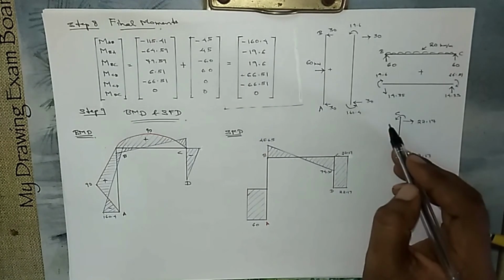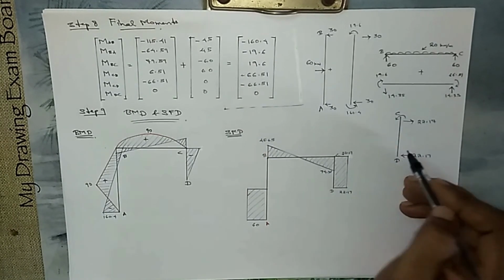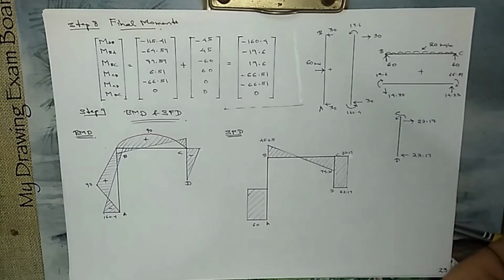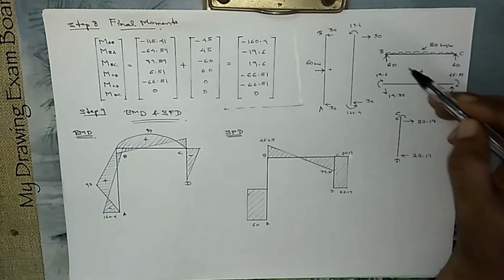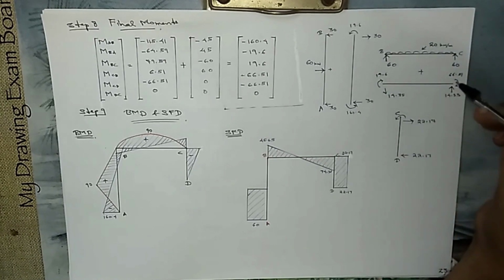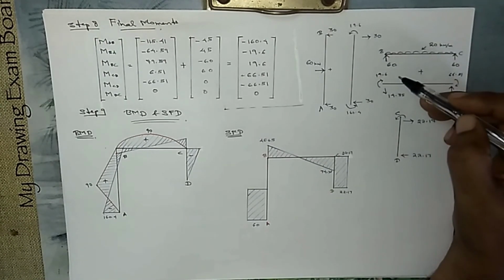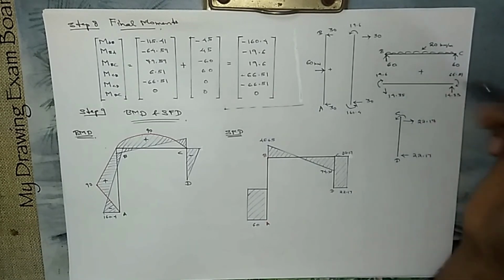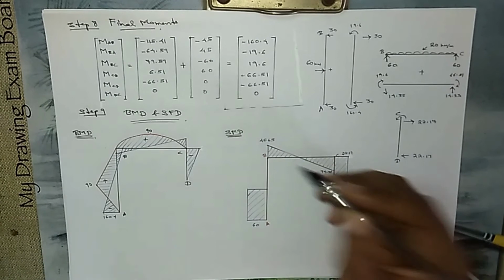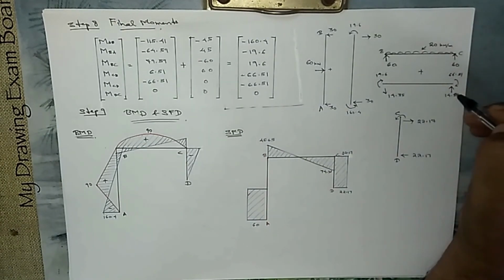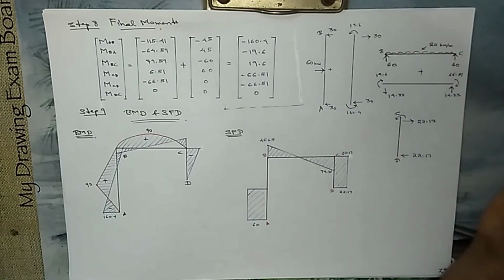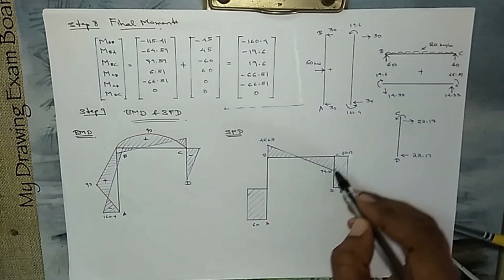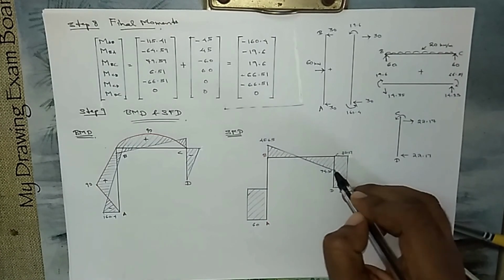So the anti-clockwise moment divided by the span, I will get 22.17 as a clockwise couple. Then combining member BC's reactions, I will get 60 minus 14.35, because 60 is upwards, 14 is downwards. I will mark 45.65 here. At the right end, 60 plus 14.35, because both are in the same direction. Since it is a UDL, I will mark it in this way only. So I am marking 74.35 here.